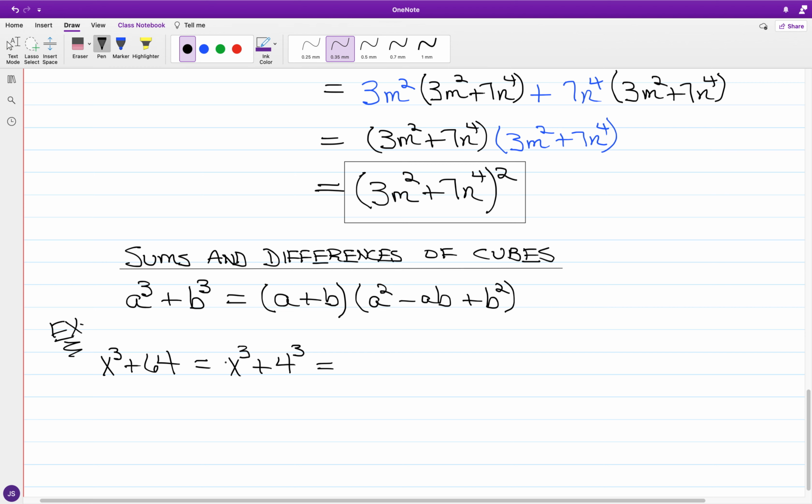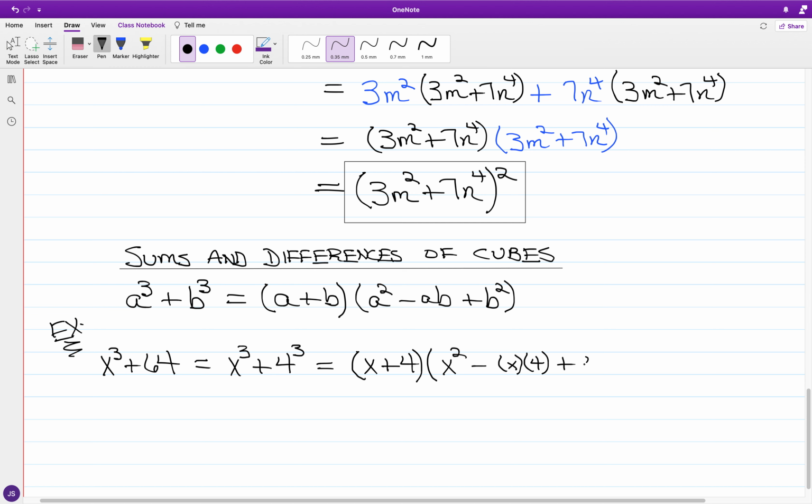Same thing, a is represented by x, b is represented by 4. And if I carry over, we have a plus b, and this will translate to x plus 4. And for a squared, this would be x squared. We have minus ab, so you have minus x times 4, or you can just write this as minus 4x.